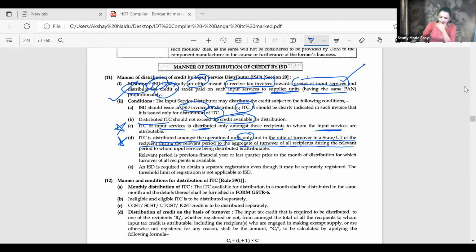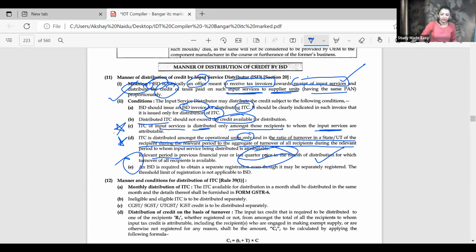Point number D. Is it turnover based distribution, state wise turnover based ITC distribution? Then relevant period is previous year or last quarter prior to the month of distribution. If you don't have the previous year's turnover, then the last quarter's turnover you can take.